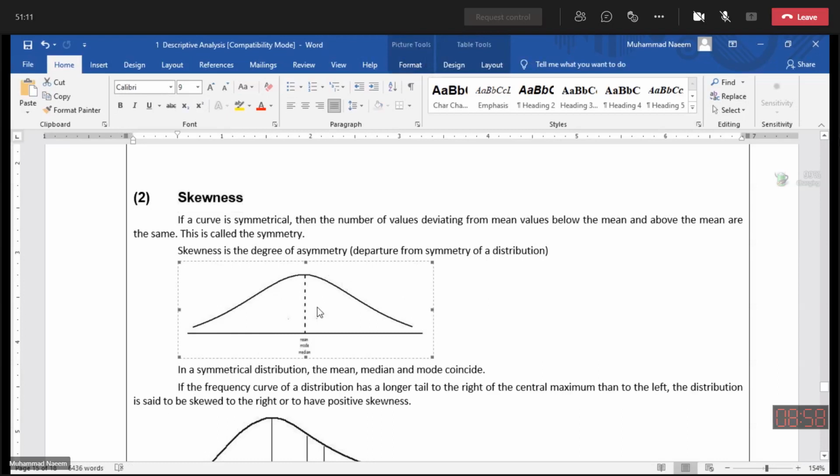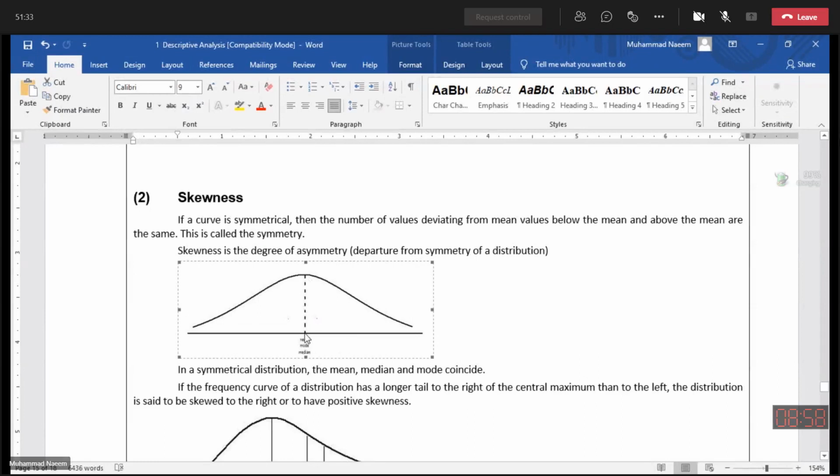What we have in this symmetry, a very big advantage we have in this case: we have mean, mode, and median at the same point in the center against the highest point on the x-axis.